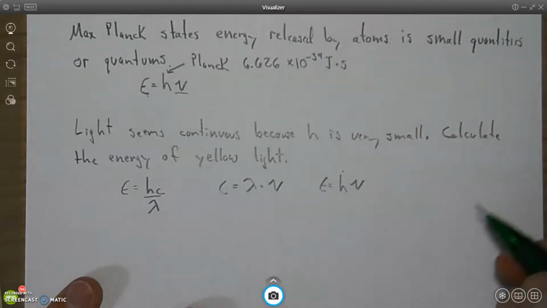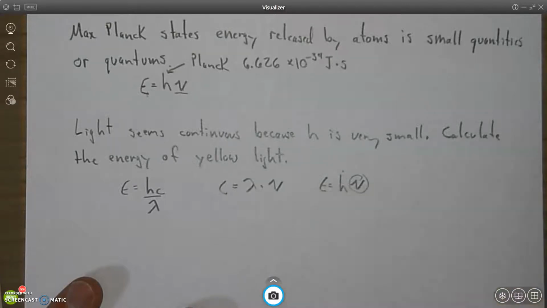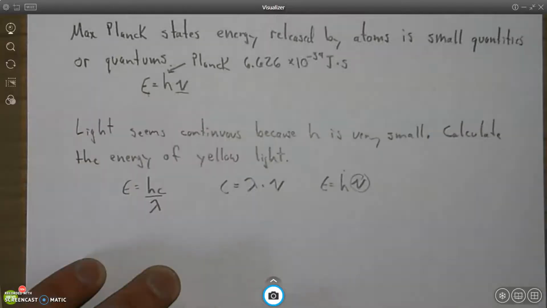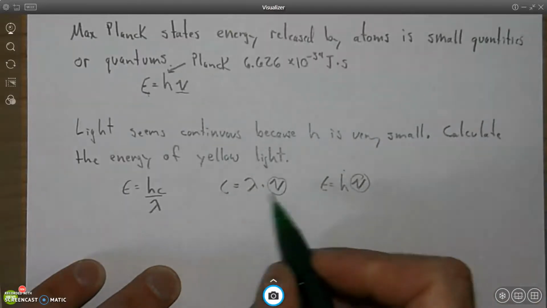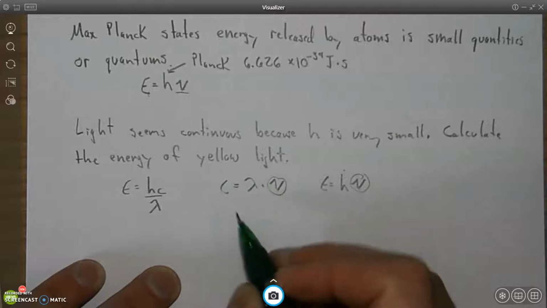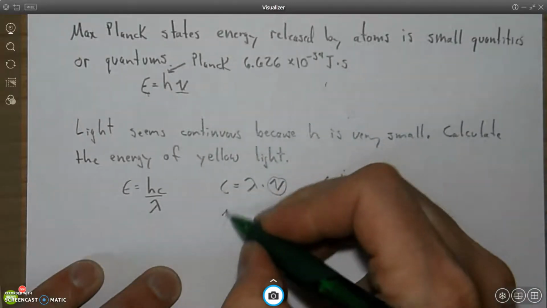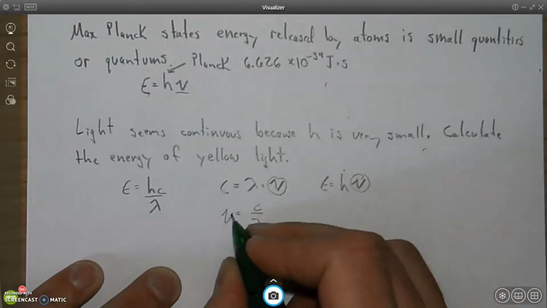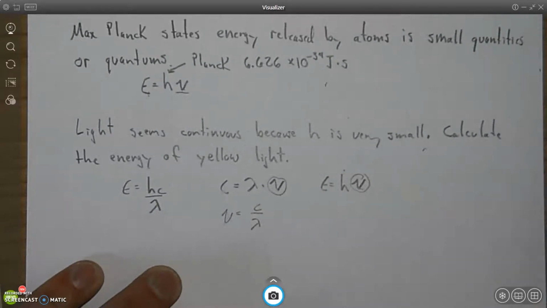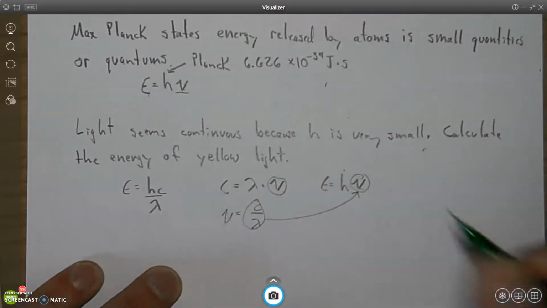If we combine these, for example, if I solve the first equation for nu, swinging lambda under c, I have nu is equal to c over lambda, and I substitute this in place of nu in the second equation, and you'll get this equation right here.